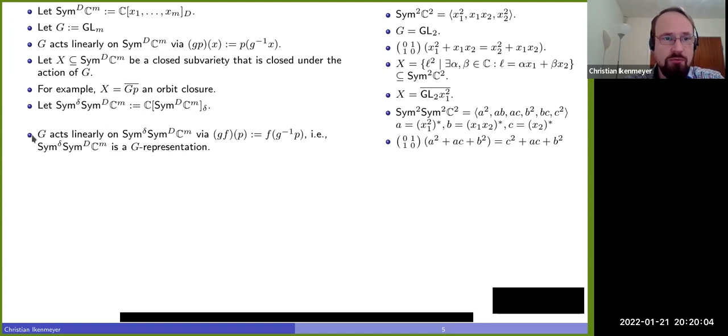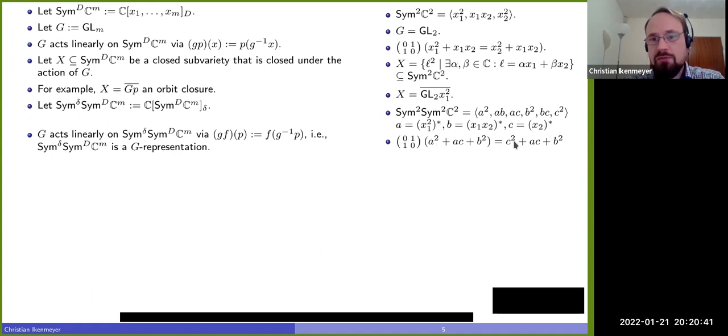In fact, the group acts linearly on this vector space, also by a canonical pullback. And again, there's this issue with the inverse or transpose. This makes it a G representation. So if we, for example, act on a squared plus ac plus b squared, switching the roles of x1 and x2 on that polynomial, what it does is: a is the coefficient of x1 squared, and if you apply this, it's the coefficient of x2 squared.